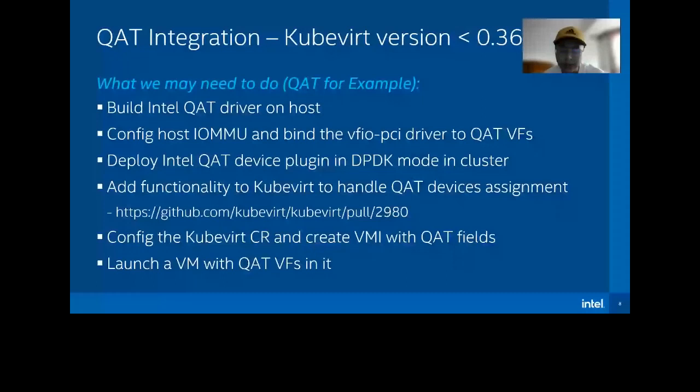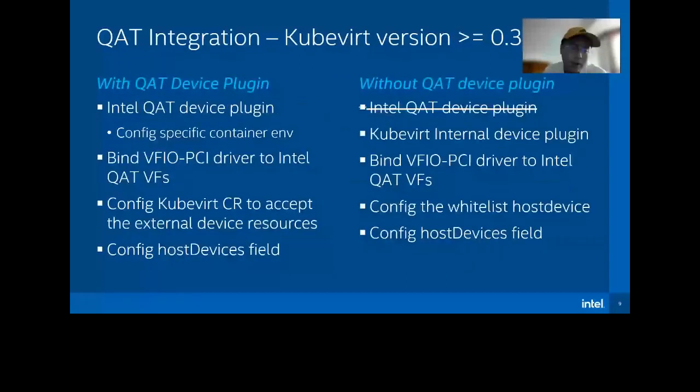So after KubeVirt release version 0.36, there are two ways for us to use the PCI device. One is the Kubernetes device plugin, and the other is the KubeVirt internal device plugin. Using your own device plugin, for example the QAT device plugin, we need the device plugin config to specify the container environment value in the container runtime, which is used by the KubeVirt API.